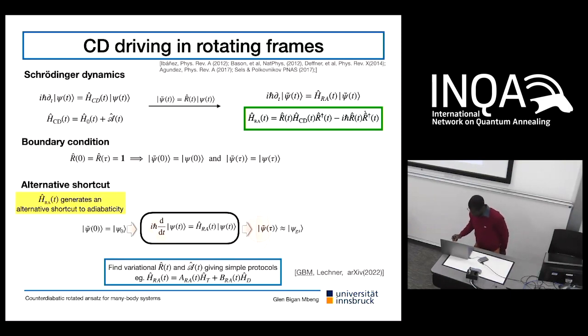We want to find the R, the rotation, and the variational potential, in such a way that this will give a simple protocol. In particular, we aim at having protocols which only have a change of schedule.